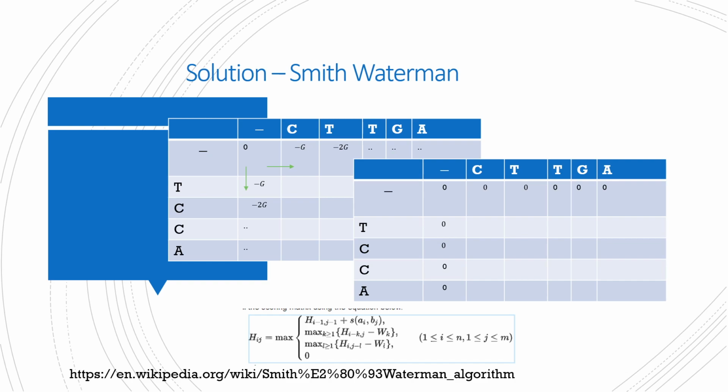So how is this different from the earlier global alignment method? The major difference is that we take a max when we try to fill a column. We come from three different directions: from this direction, from this direction, and from the match-mismatch dimension, diagonally.